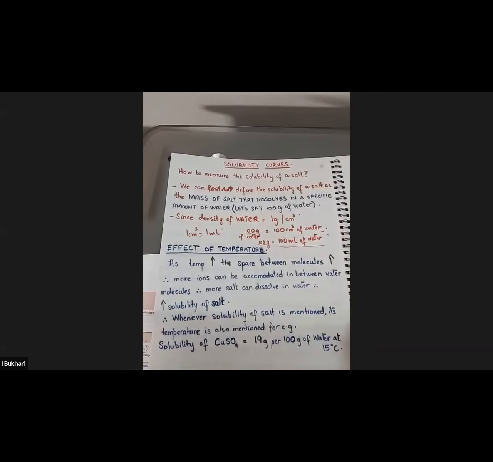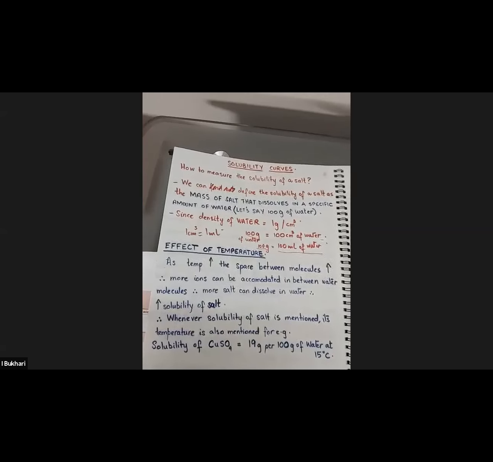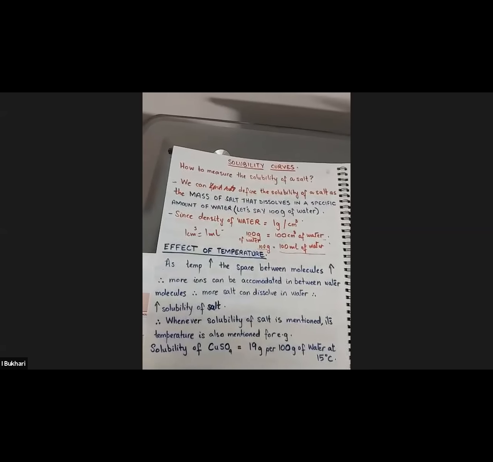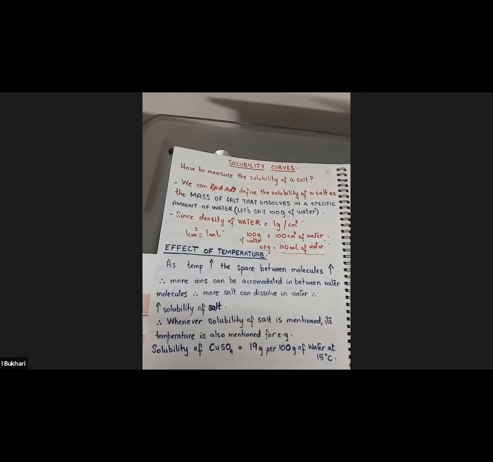kinetic energy. It's okay, Hassan, you can just refer to page 204. I was showing the same picture. Solubility curve, page 204. We are discussing the effect of temperature on solubility. Yes, Wajiha, you are correct. As we increase the temperature, we are increasing the kinetic energy of the water molecules.